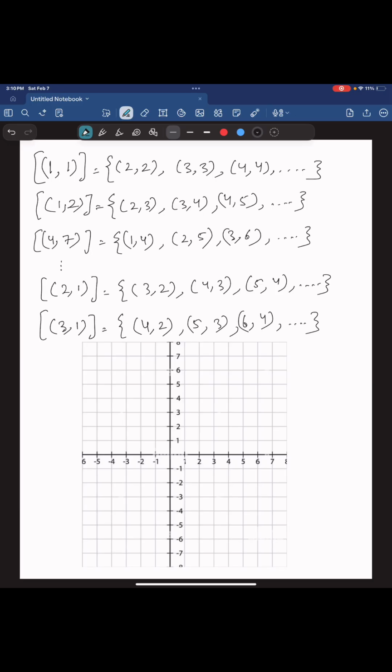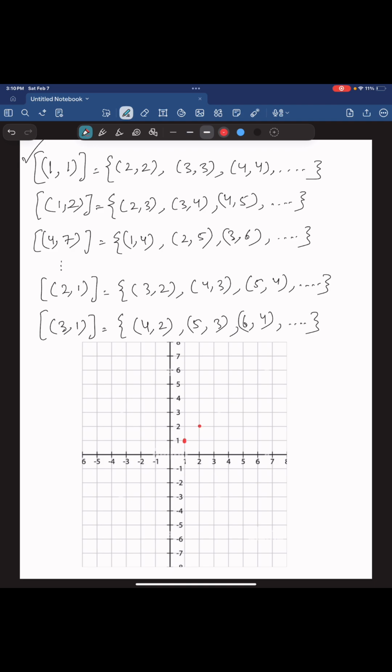All right, so we have a Cartesian plane here, and let's see what it would look like when we plot these equivalence classes. So we'll plot these equivalence classes one by one. We start with the first one, 1 comma 1. I'm going to plot 1 comma 1, let me make it bold, somewhere here, right?